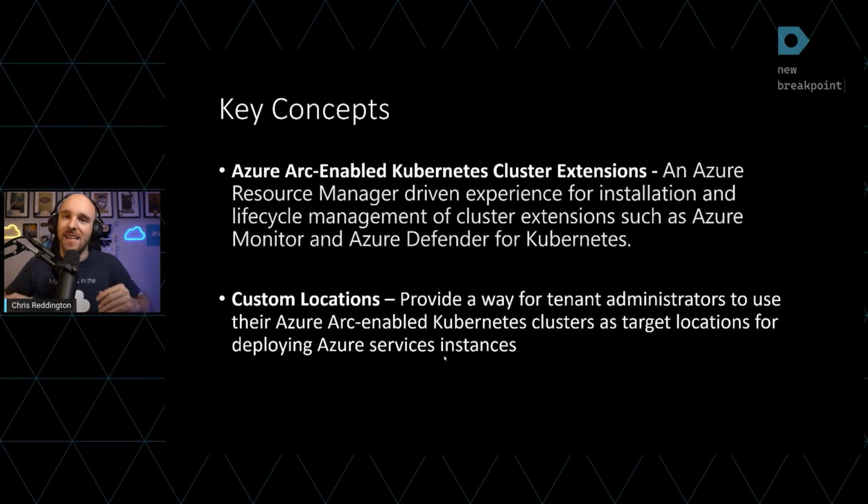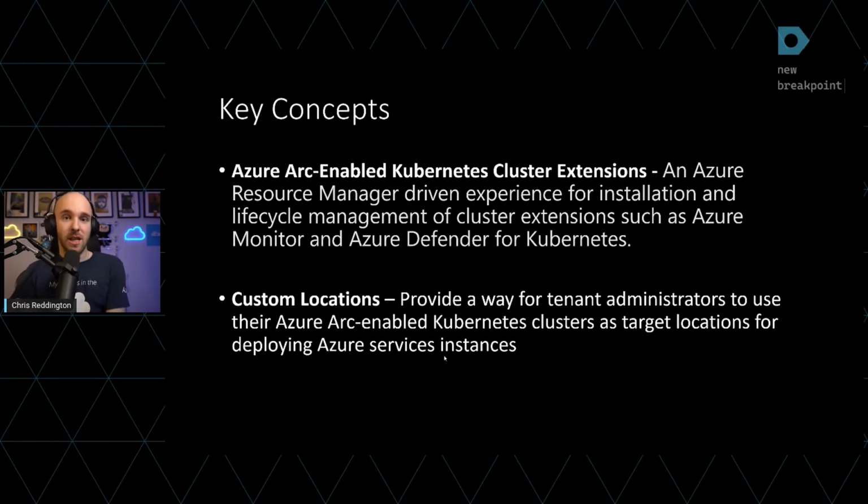But again, take a step back for a moment, because you're going to have to deploy your application services, your app services, your functions, etc., to that Kubernetes cluster. That Kubernetes cluster is not an Azure region, because when you deploy your Azure resources, you have to choose an Azure region where those resources will be deployed. So this is where the concept of a custom location comes in.